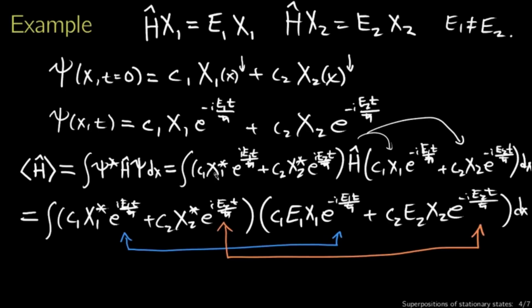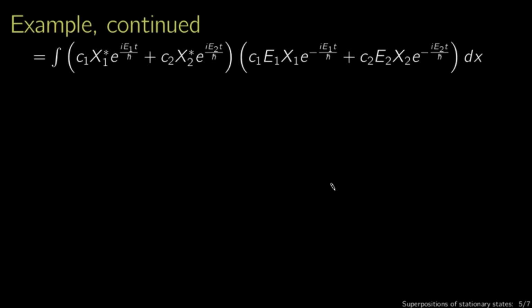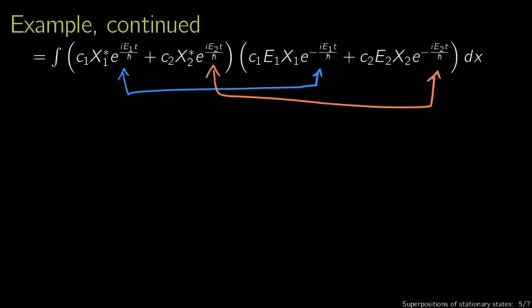Now I'm also going to have terms where I have e2 and e1 mixed together like that. This term, the time dependence is going to go away. This term, the time dependence is going to go away. But the cross terms here, those two terms, the time dependence is not going to go away because you have e1 mixed with e2 and e2 mixed with e1.